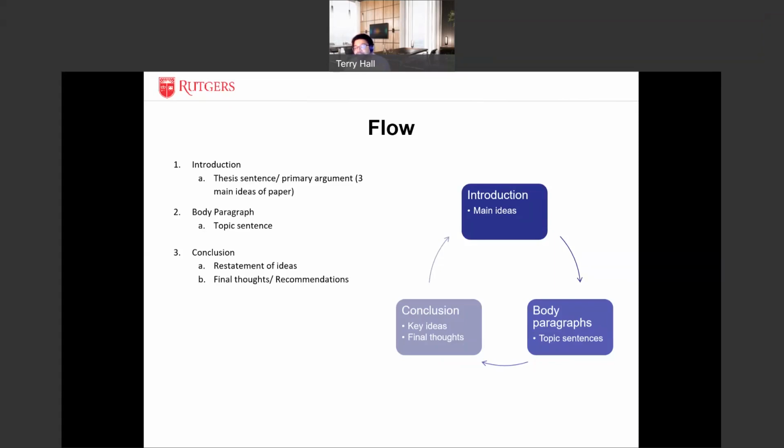Once that's concluded, in the conclusion itself, the key ideas will be restated and the final thoughts can be presented. If there are recommendations that answer the original question posed, readers are welcome to bring those back into the introduction, to bring the reader's attention back to where we began so that the element of persuasion can conclude.